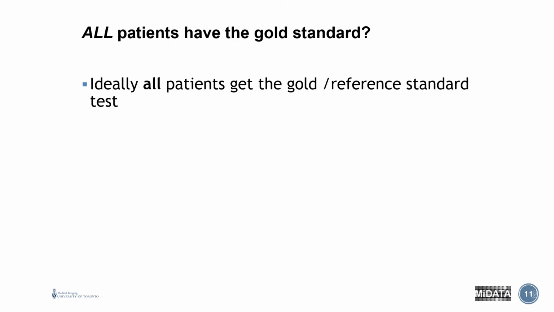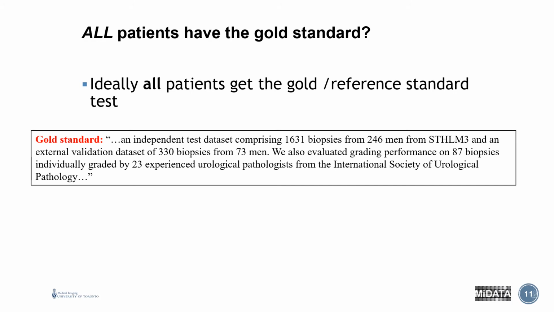Now you may think this is obvious, but ideally all patients should get the gold standard or the reference standard test. And this is something you should consider when you're evaluating a diagnostic test. In this case, they passed. Everybody did get the reference standard, and the reason we know that's the case is because we could not have tested our algorithm if we did not have labeled data.